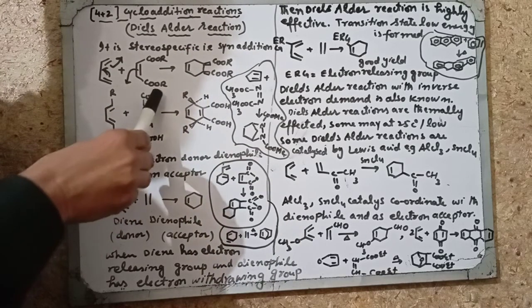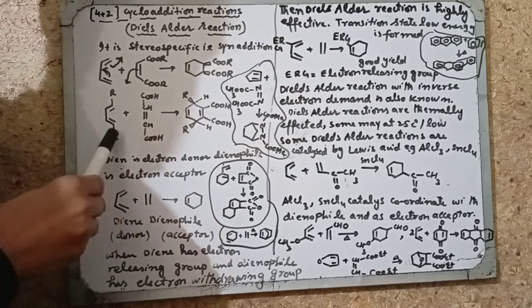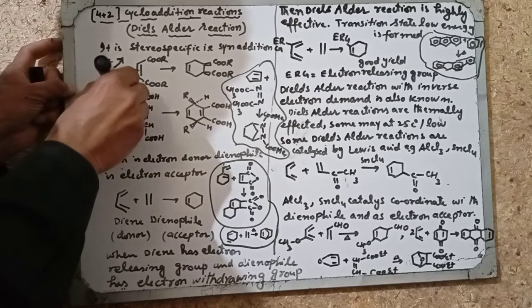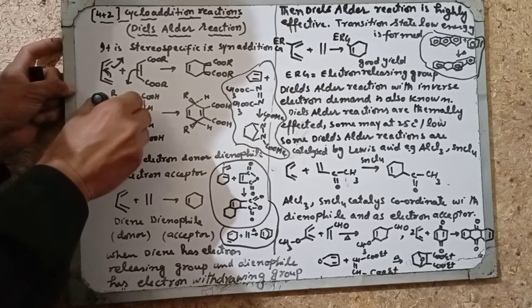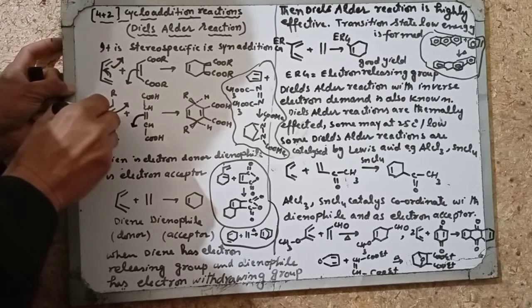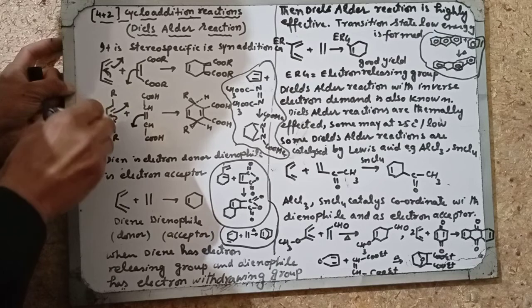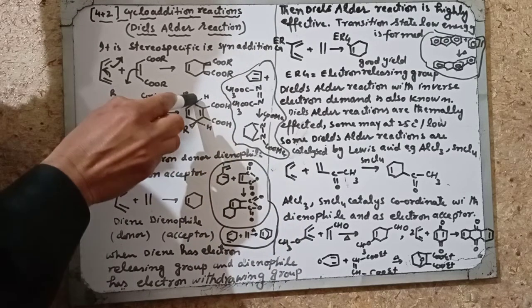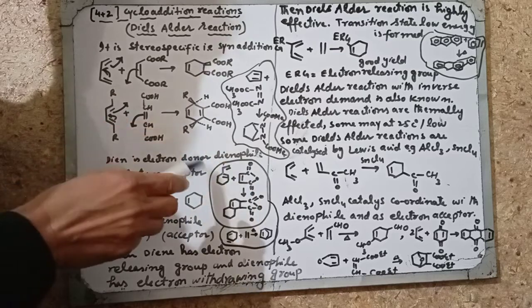These are the substituents COOH and COOH. Again, when addition occurs, the substituents remain on the same side. This is the syn addition. Therefore, the carboxyl groups are on the same side and the R group is also on the same side.